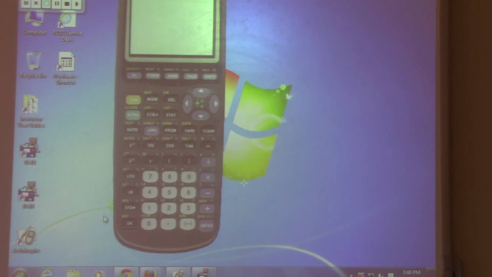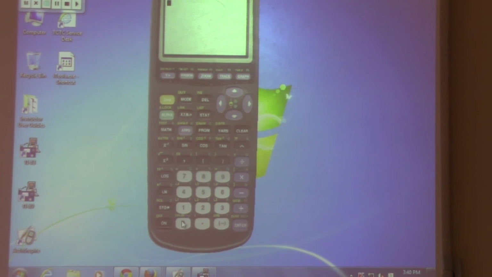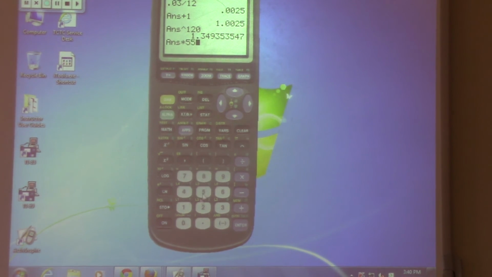It's real simple. You take 0.03 and divide by 12. And then you add it to 1. And then you raise it to the 120th power. And then you multiply by 5,500,000.